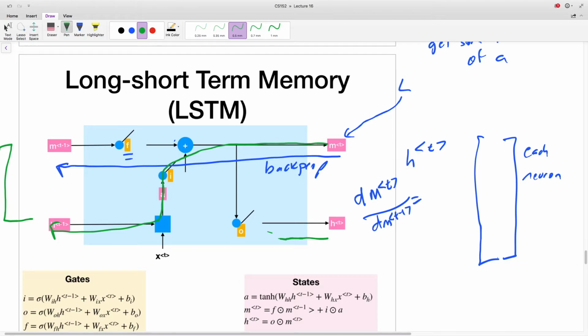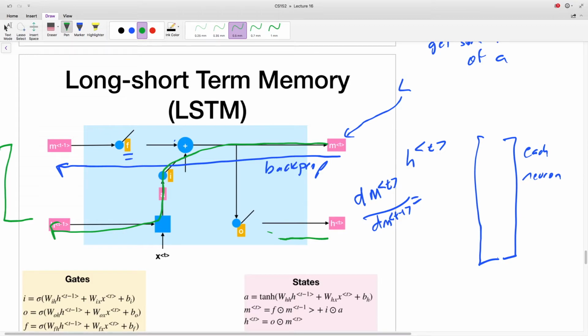Is f a discrete 0 or 1? F is continuous between 0 and 1. So even if we push it back, won't that factor of f still affect the t minus 1 gradient somehow?